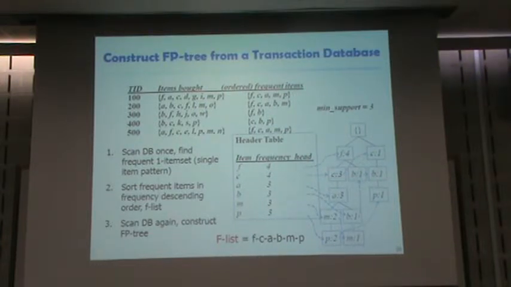We scan the database, then check the frequency of each item. The minimum support in this case is 3. So we have F, C, A, B, M, P with counts 4, 4, 3, 3, 3, and this is called the frequent list, the F list.